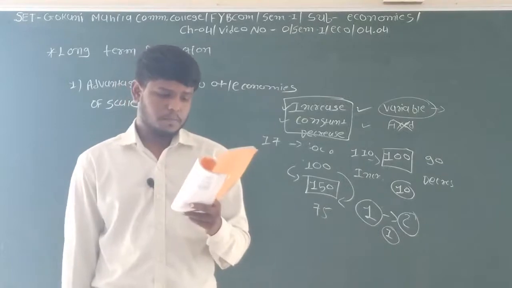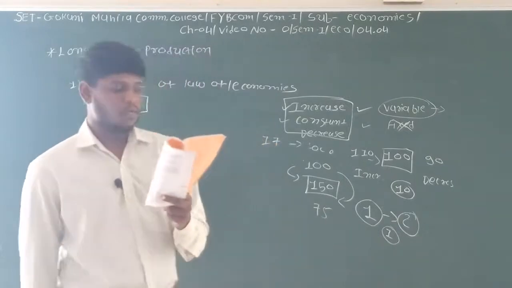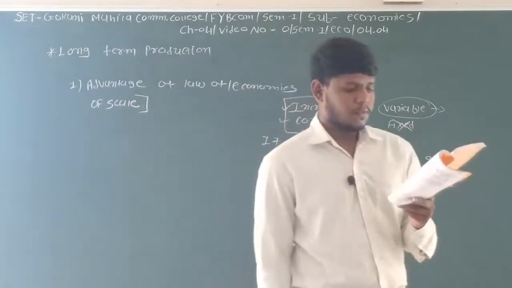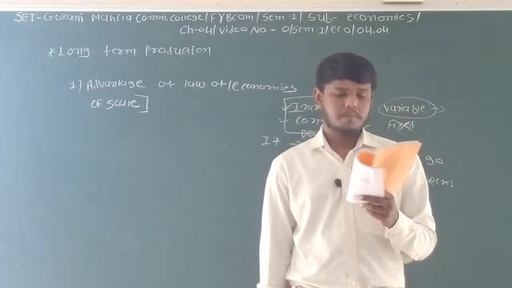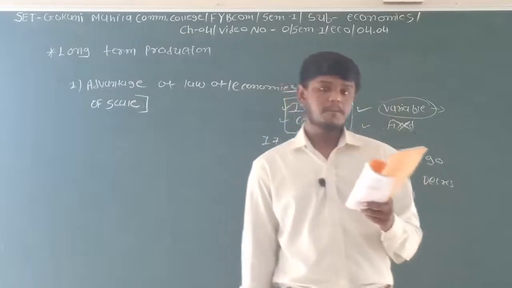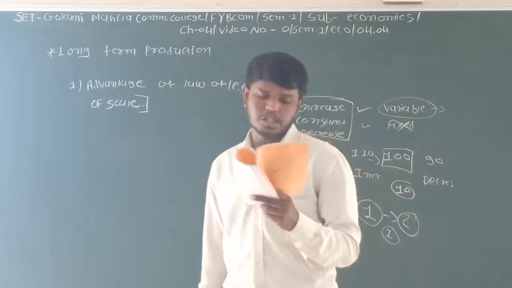So, assumptions. In the law of economies of scale, the following assumptions are made. In the production, all inputs or factors are variable. However, the entrepreneurial ability that plans and manages the business is stable.